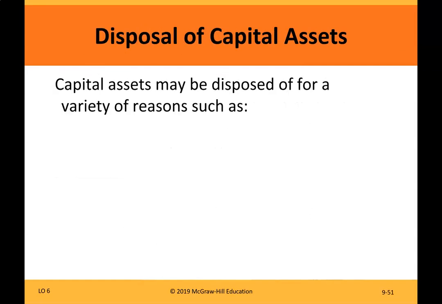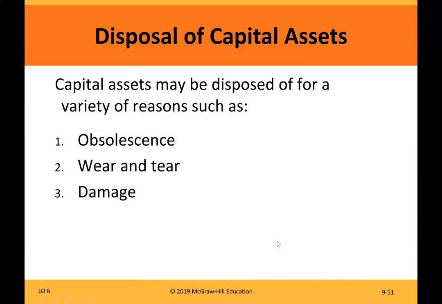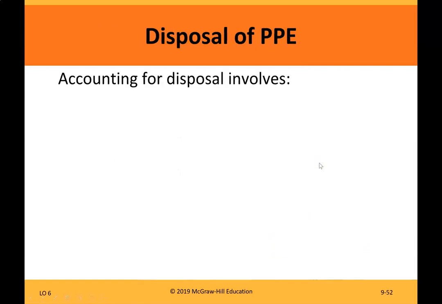Disposal of capital assets. Capital assets may be disposed of for a variety of reasons such as obsolescence. I don't know if I even said that word right. Wear and tear, damage, changing business plans.